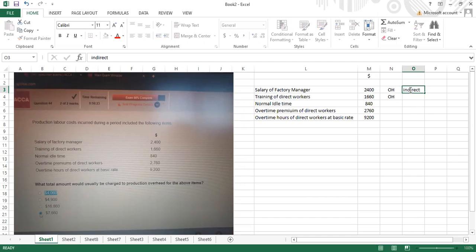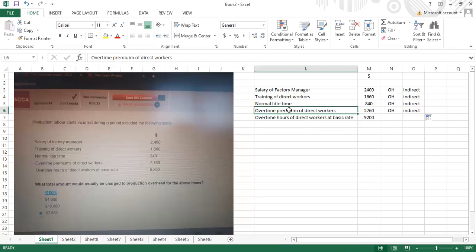Indirect cost is also called overhead. Normal idle time is also overhead. And overtime premium of direct workers is again overhead, and only in one case could overtime premium be called direct cost, when overtime is worked on a special request from a customer.